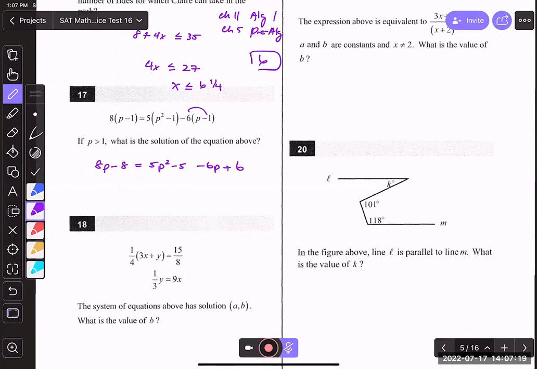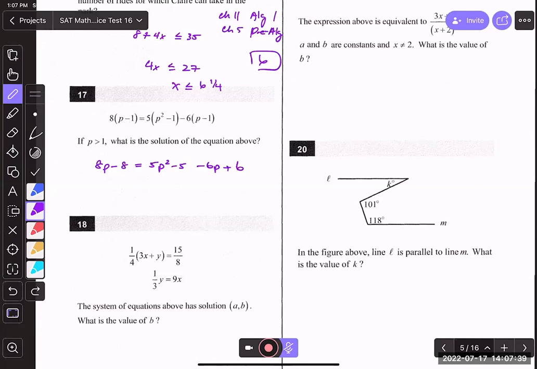Yeah. Because you have to multiply that by the 6 here as well. Okay. What now? And then you move all the numbers and p's to the same side, I think.